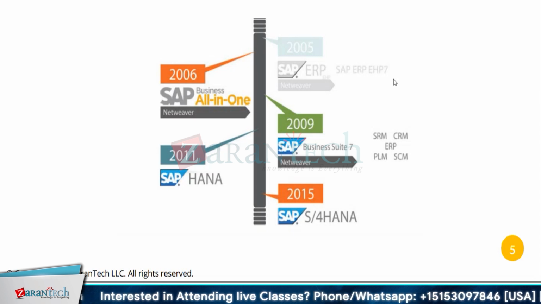Initially, whenever SAP used to operate, they used to allow flexibility for multiple databases. There used to be Oracle, DB2, SQL, Sybase, I remember. All of the databases were supported. But then in 2011, SAP launched its proprietary database called the HANA database.